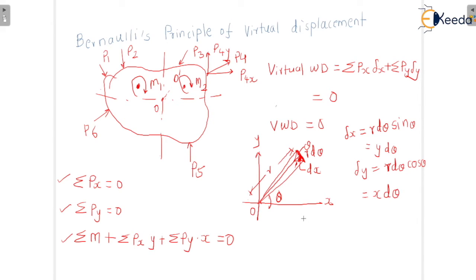Finally, the virtual work done by real forces due to virtual displacement, we can calculate with this equation: summation of moments times d theta, plus summation of all forces Px in the x direction times del x, plus summation of forces Py into del y, is equal to the virtual work done.